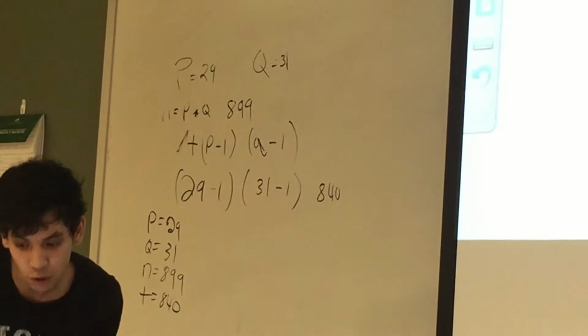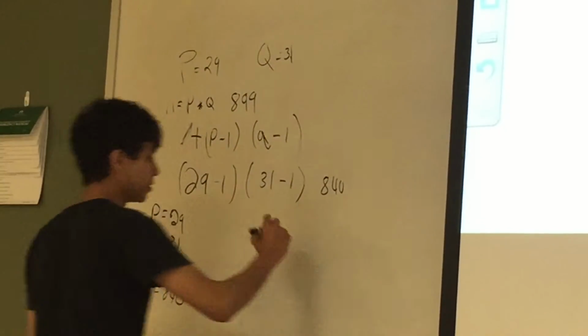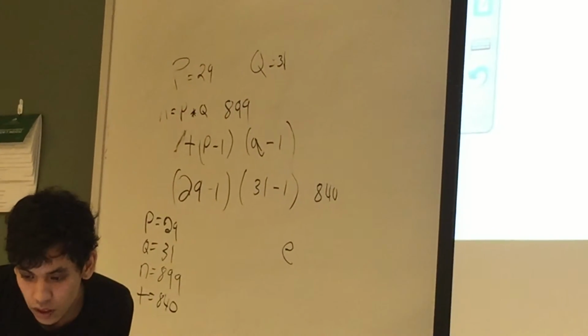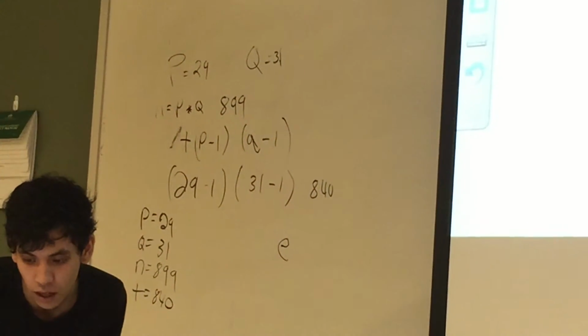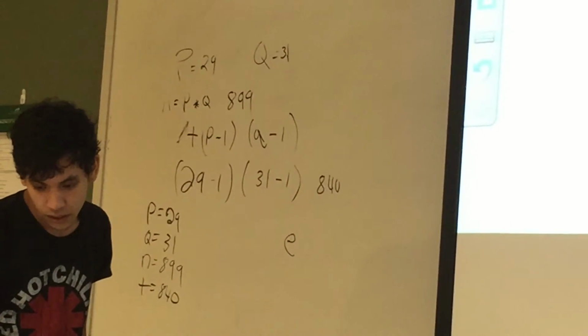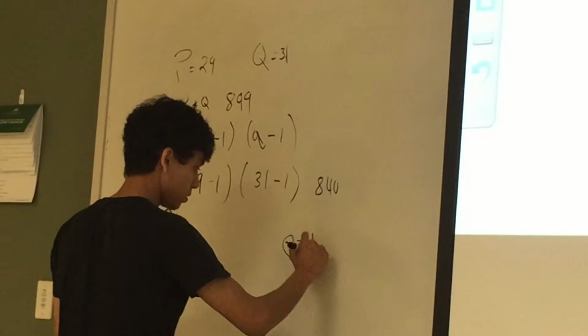And then you choose another prime number, E, such that T cannot be divisible by E, and so we'll pick 11.